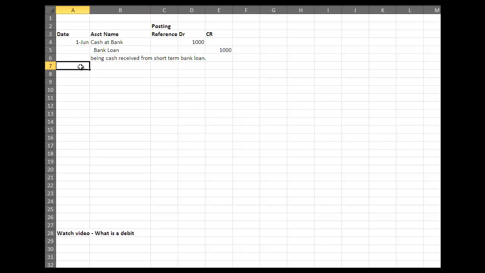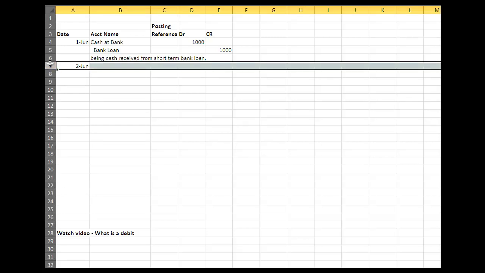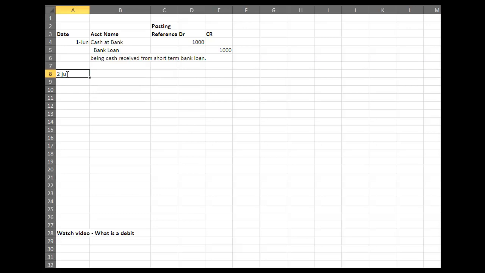Purchase $2,000 of inventory on account. So we go 2nd of June. Whoops, let me put in some bit of space there. 2nd of June. And what have we done? We've purchased $2,000 of inventory on account. So we can see, is there an asset increase? Yes, inventory will increase.